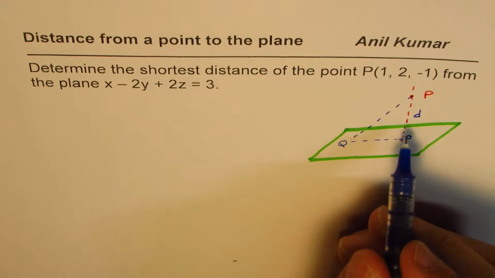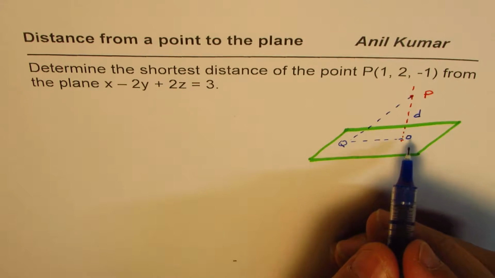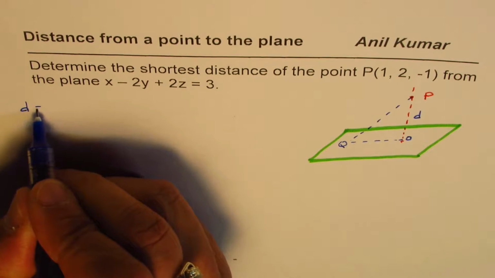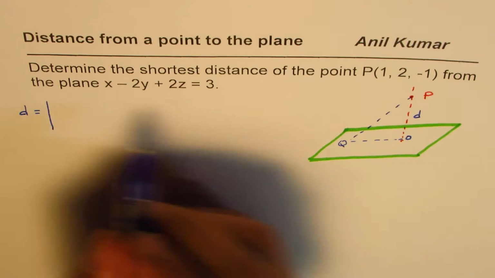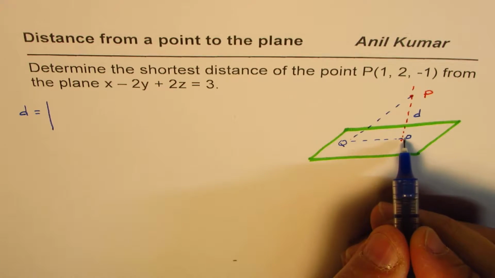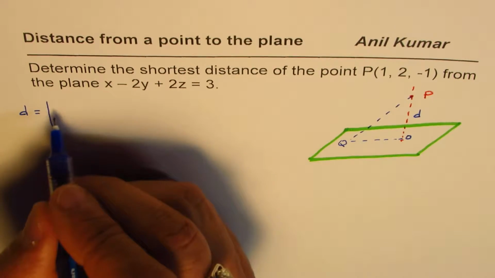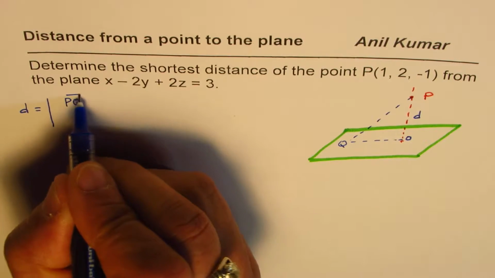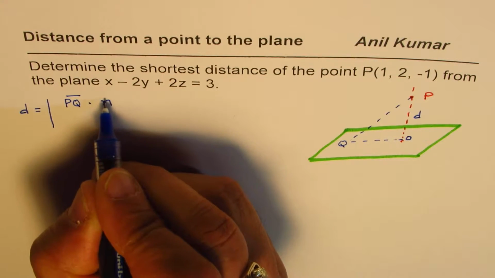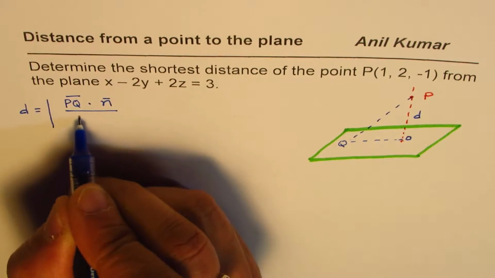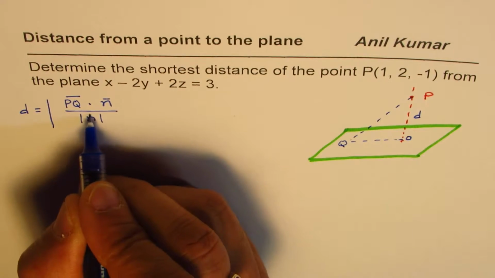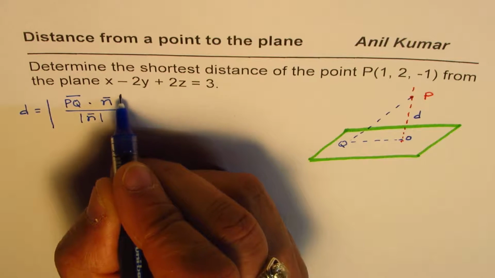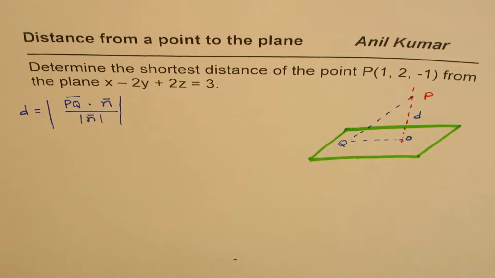So that gives us one equation: the shortest distance, which is always an absolute value, is the component of PQ along the normal, which is the dot product. So it is PQ dot N divided by the magnitude of N, right? We don't want to multiply this with the magnitude of the normal. So that becomes one of the formulas.